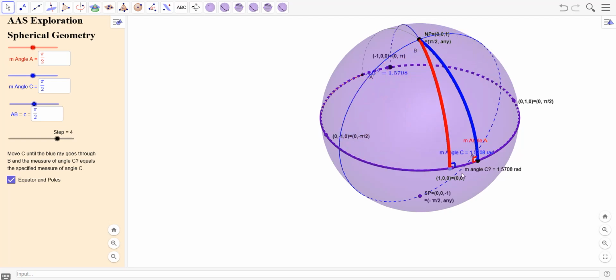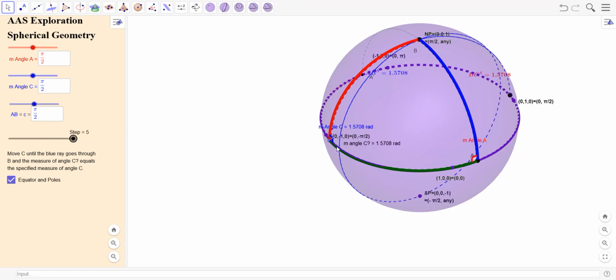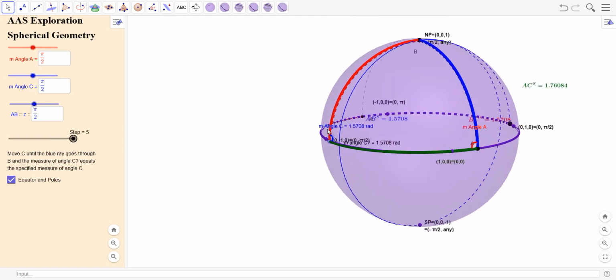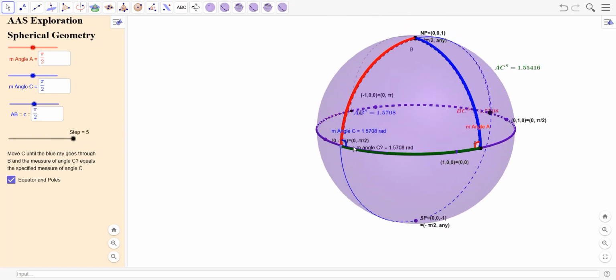Okay, but now what I want you to notice here is this C can be anywhere along here, and it will make angle C pi over 2. Check it out. See that? So there are actually all of these triangles here that I'm looking at as I move C around.